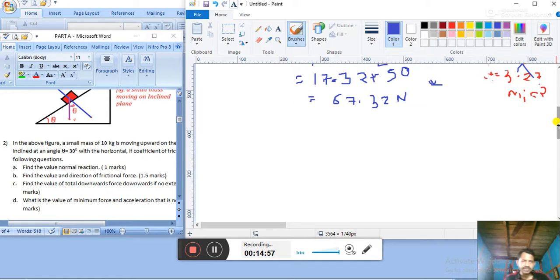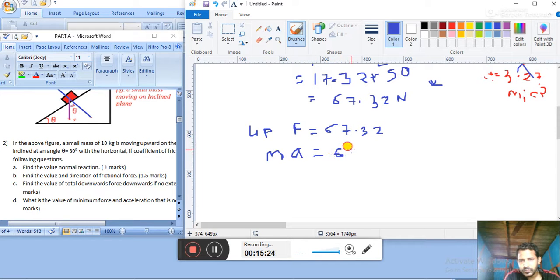And the next question: what is the minimum acceleration? The upward force is also 67.32. Now what is the minimum acceleration? Minimum F equals ma equals 67.32.